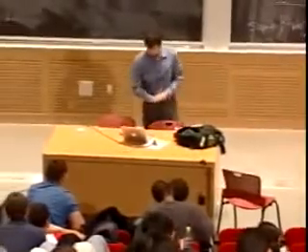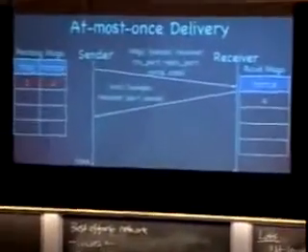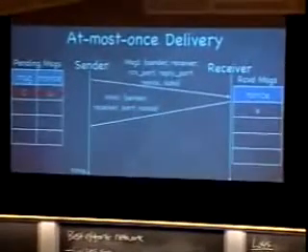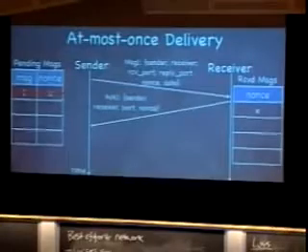So let's look at an example. Here I'm showing you a stage in the at-least-once protocol that we were in before. We've already sent message 1, and it's been successfully acknowledged.